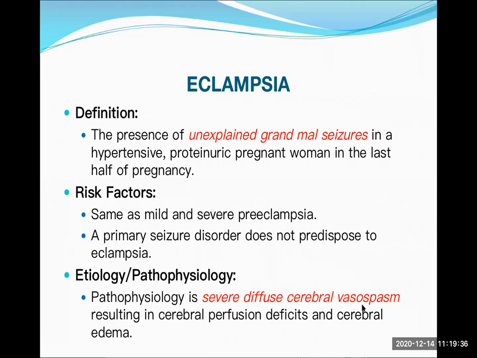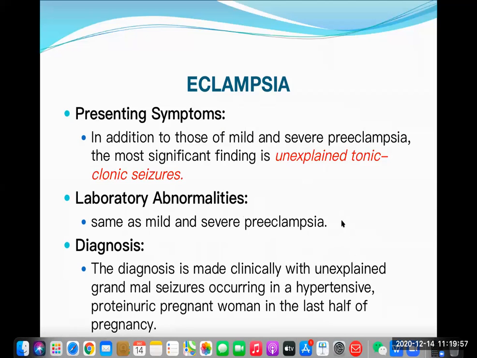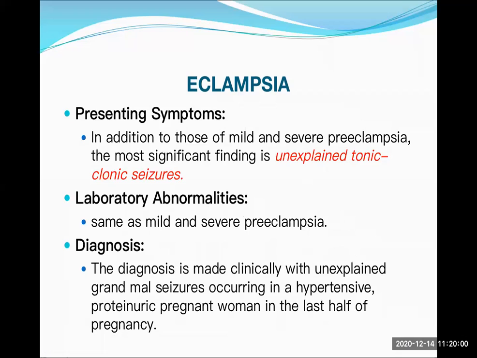So this is one of the target organ damages. The presenting symptom is a tonic-clonic seizure in the setting of mild to severe preeclampsia. Regarding the lab abnormality, it is the same as mild or severe preeclampsia. That means proteinuria is a very important feature. You have to go for liver enzyme analysis just to make sure whether this is a case of HELLP syndrome. Go for the confirmation of DIC and things like that. Diagnosis we already talked about.